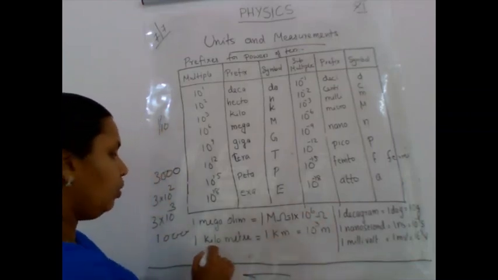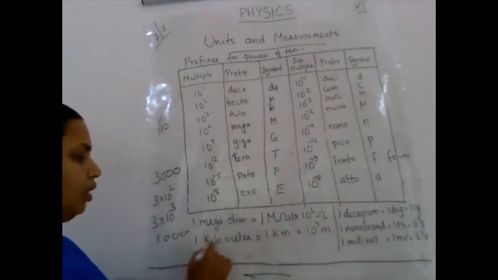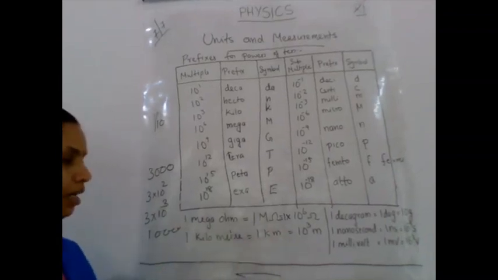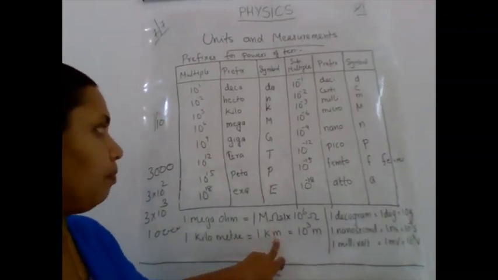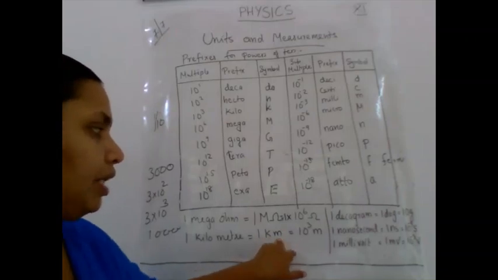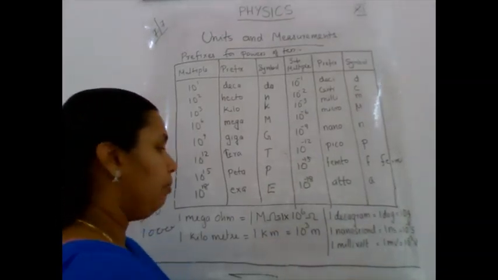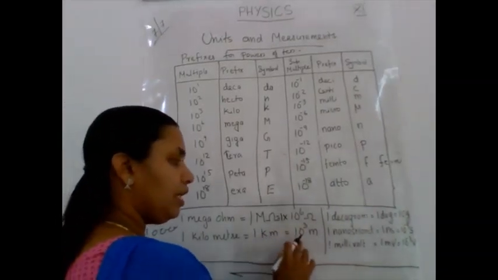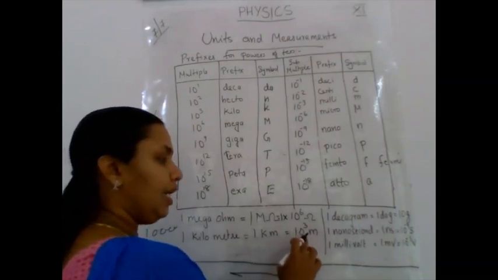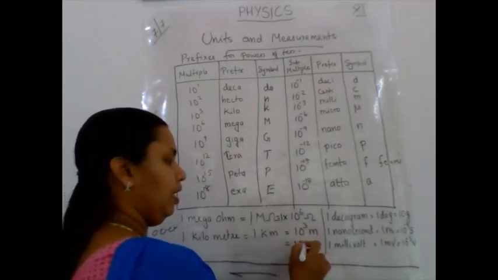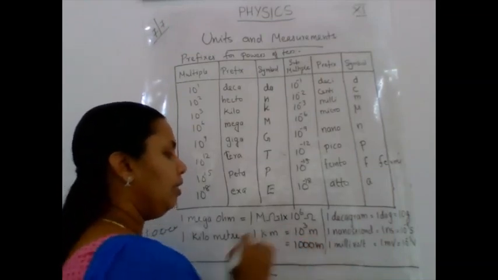Then kilometer. 1 kilometer is represented by 1 km. And 1 kilometer, how many meters is it? 1 kilometer is 1000 meter, that is 10 raised to 3 meter.